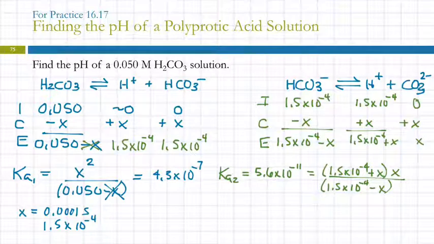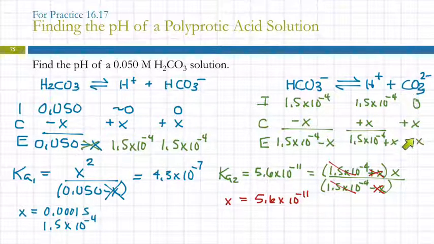The X small approximation is going to cause these X's to go away. And then those numbers cancel out, and we end up with X being equal to 5.6 times 10 to the minus 11. So that would give us our molarity of carbonate ion. We don't care about that because we're looking for the pH.